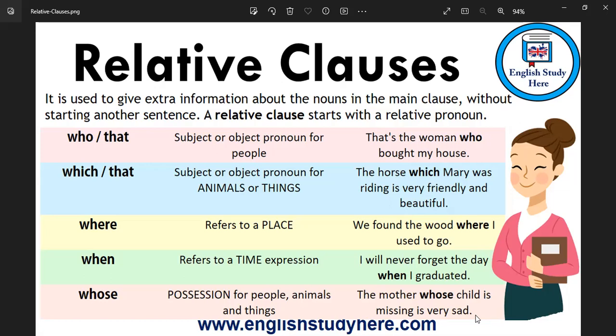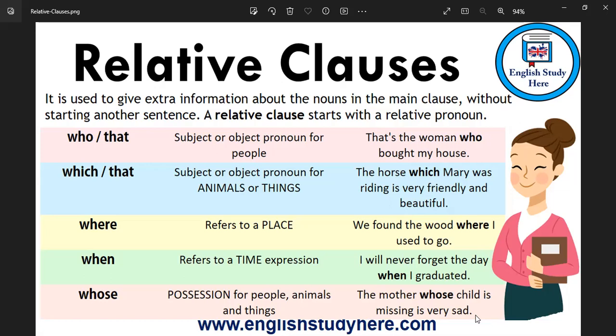Who and that for people, which and that for objects, where for a place, when for the time, and whose for possession, something that belongs to the person. The mother whose child is missing, the mother of a child. That child is hers.